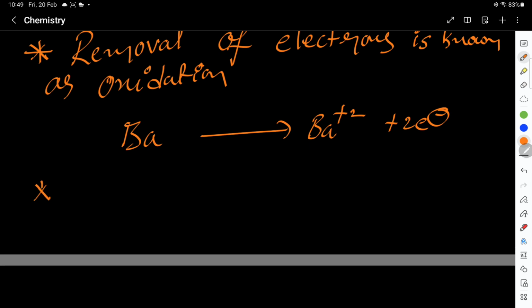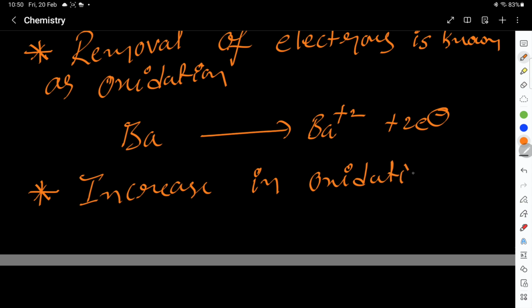Then what is the consolidated definition by combining all those? Nothing but increase in oxidation state is called oxidation.